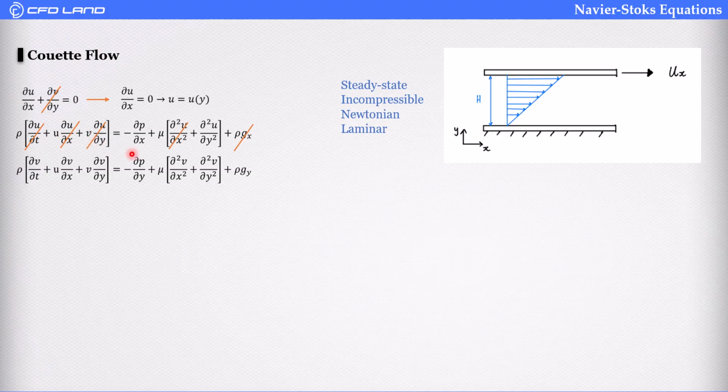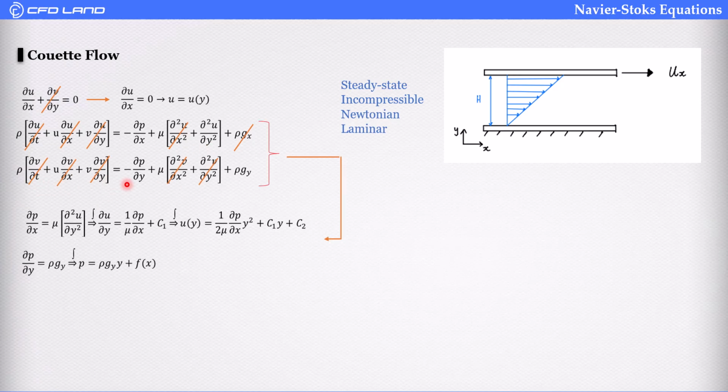So only minus partial p partial x and mu partial squared u partial y squared are left from x momentum. And from y momentum, we have minus partial p partial y plus rho g y. From y momentum, we have p equals rho g y plus f(x).